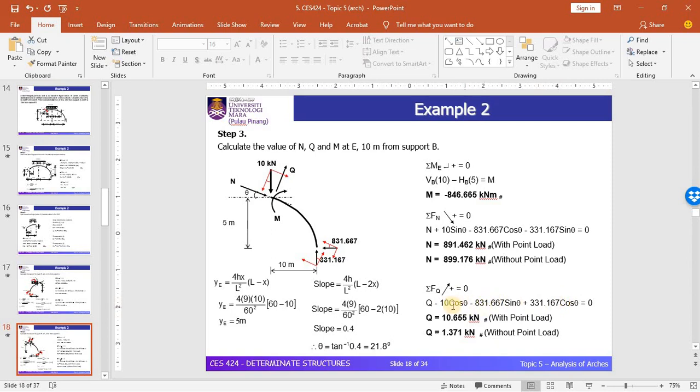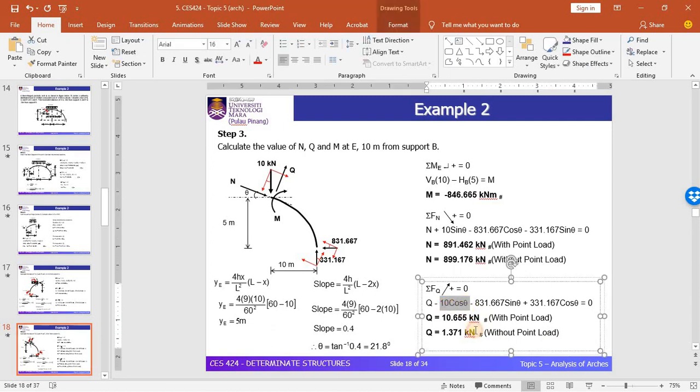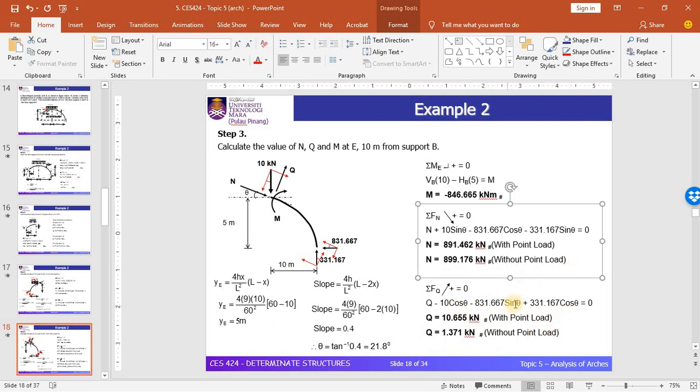The value of radial shear force with point load is 10.655 kN. In order to get the radial shear force without point load, you need to remove this 10 cos theta in the calculation. You may cross check this value by removing this 10 cos theta from the equation.